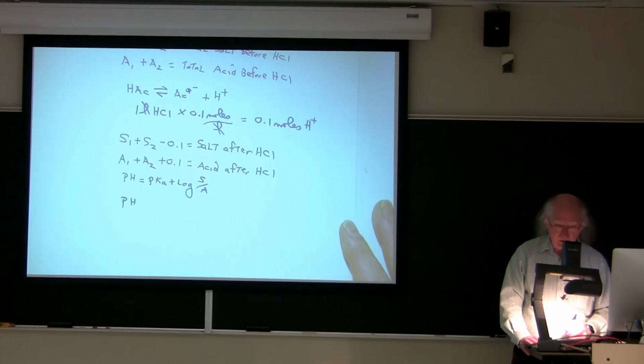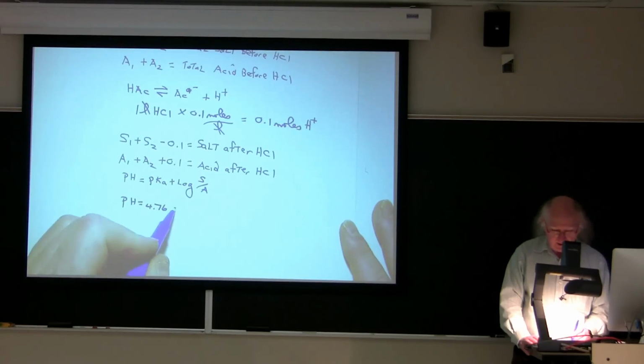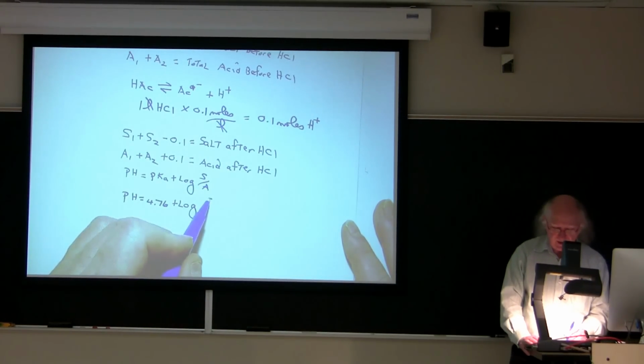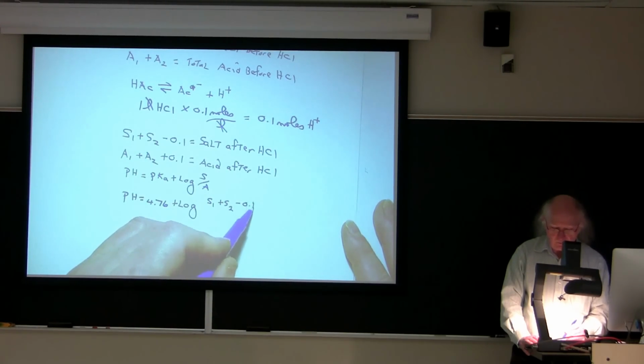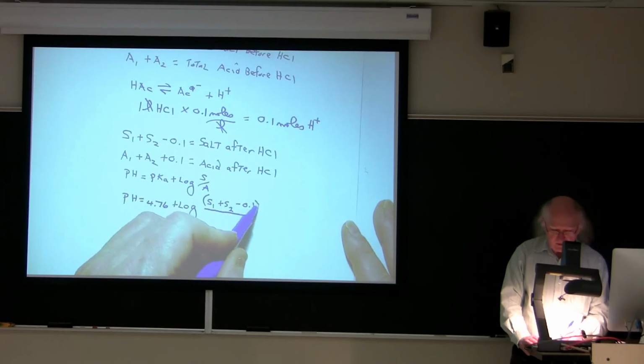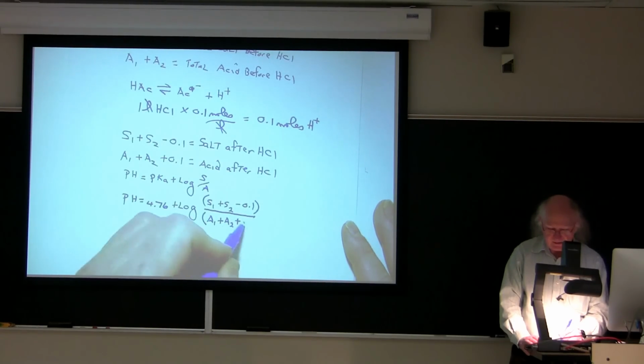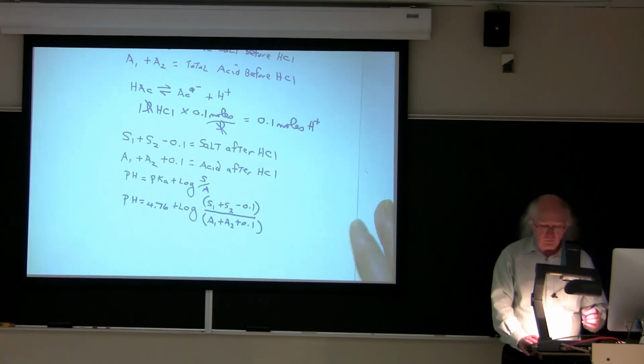We can say that the pH of the solution is equal to 4.76 plus the log of the total number of moles of salt, which is S1 plus S2 minus 0.1, divided by the total number of moles of acid, acid 1 plus acid 2 plus 0.1.